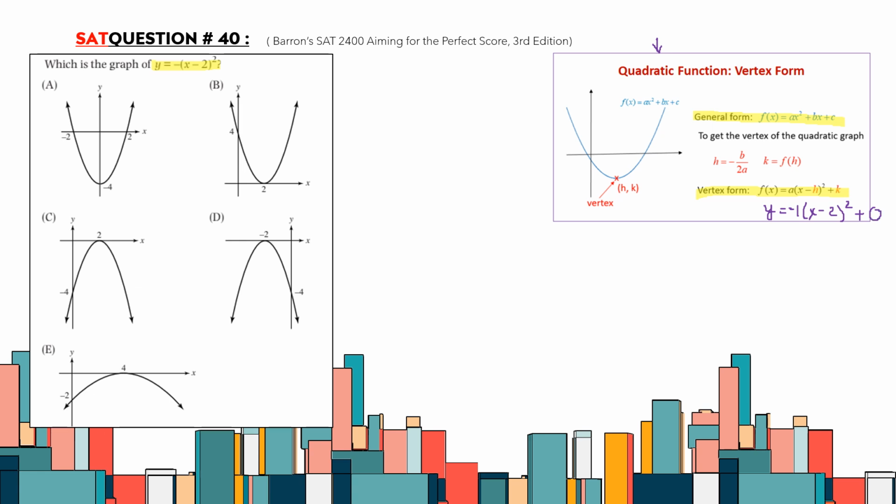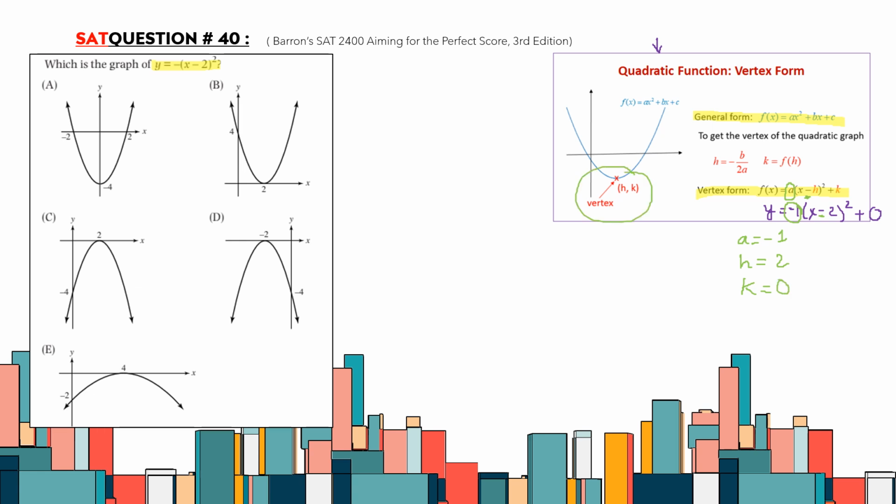You see why I write it out like that? So that I can compare: our a in this case is negative 1, the number in front. Then my h is 2 because we have the negative here, so h is just 2. Then k, we see nothing, which means 0.